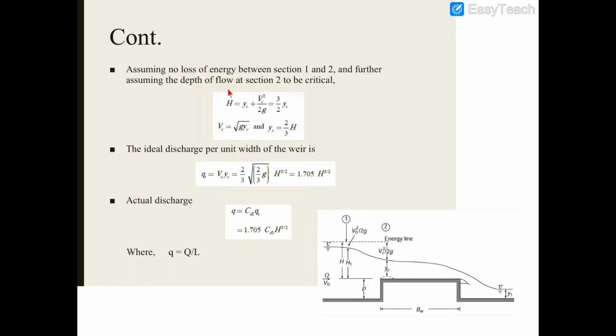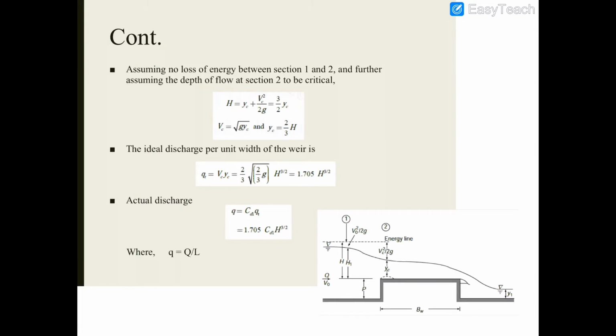Hence the total energy H, when we consider the datum as this line, at section 1 will be equal to Yc plus Vc square upon 2g, and we know that this is the specific energy. Why? Because we are considering the datum as the channel bottom, which is also the crest of the weir.